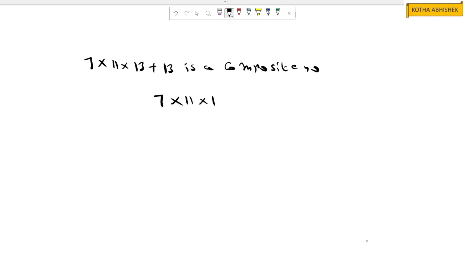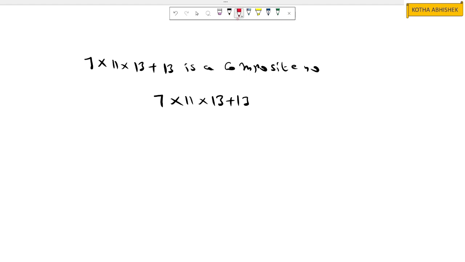The next question is, explain why 7 into 11 into 13 plus 13 is a composite number. Okay, let us rewrite the given question again. 7 into 11 into 13 plus 13.